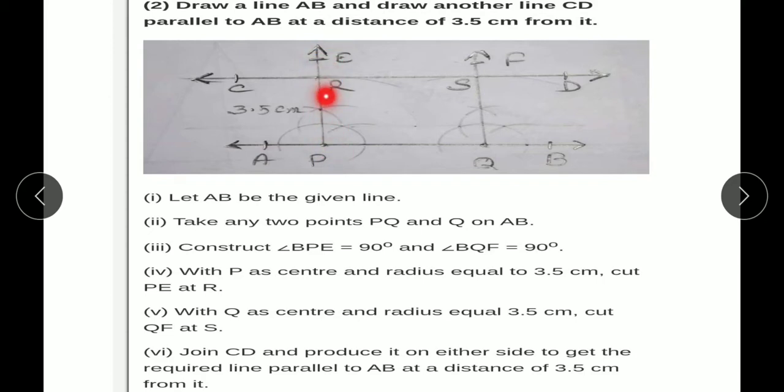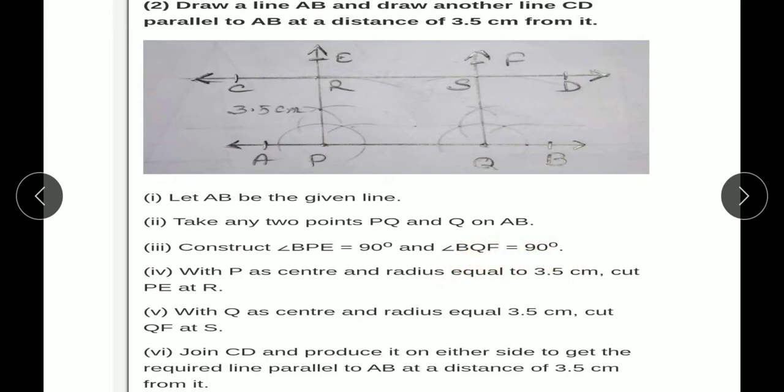This is the 90-degree line, and same as point P you can make QF. So we know how to make angle BPE 90 degrees and angle BQF 90 degrees.